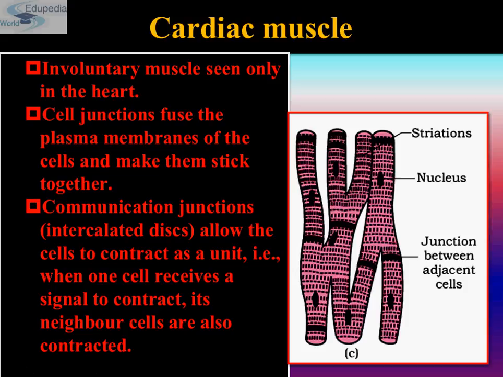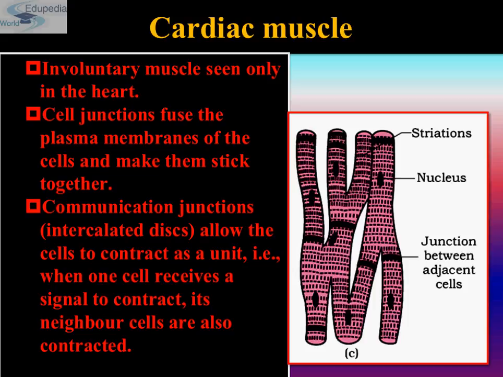Communication junctions at some fusion points allow the cells to contract as a unit. That is, when one cell receives a signal to contract, its neighbors are stimulated to contract. That means a cascade is formed.